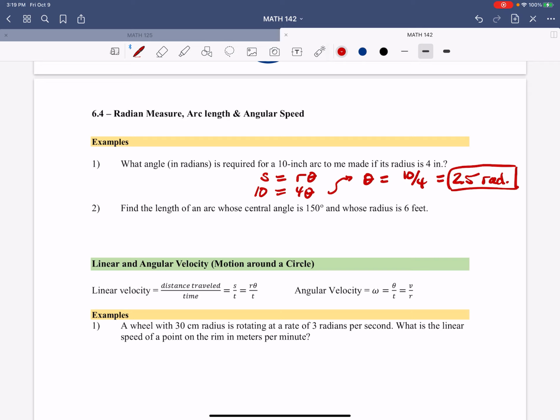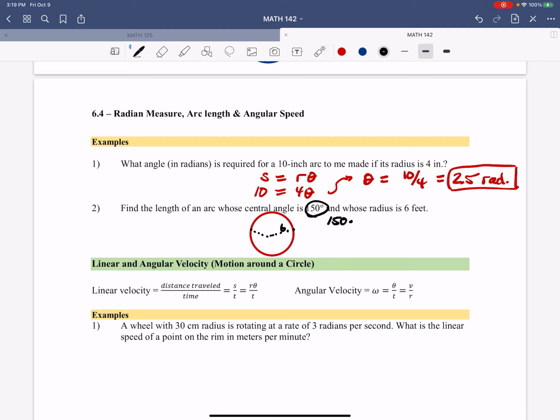And one more time, find the length of an arc whose central angle is 150 degrees, whose radius is 6 feet. So I have a circle, and I'm just going to, whoop, that did not come through as a circle too well. I can try that again. Circle. Okay, it understood that one for whatever reason. So the radius is 6, and we're talking about a 150-degree angle, which looks something like that. Now remember, we need 150 to look like radians first.